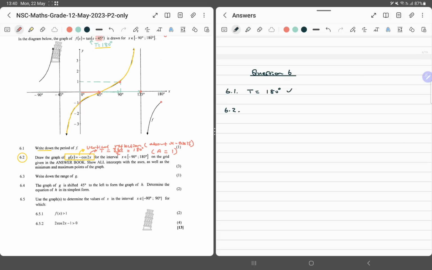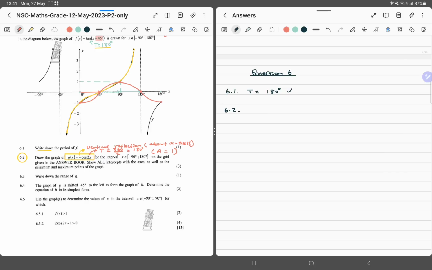So it means our cosine graph is going to do stuff like this. Okay.